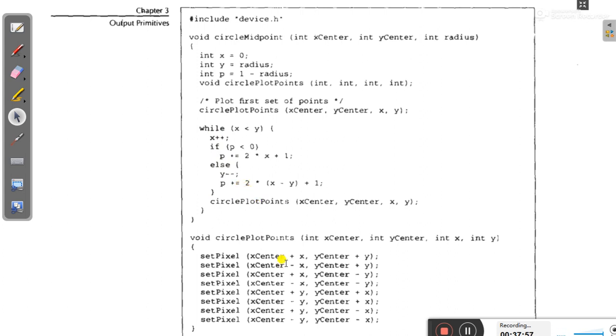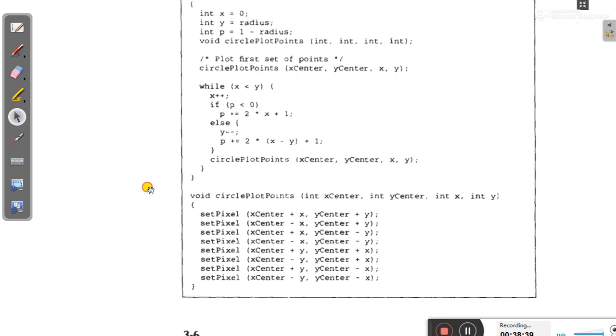Now this will be a recursive program, because in this function it will plot in that way, set pixel at that point. Okay, so there are 1 2 3 4 5 6 7 8. For one point we evaluated using this algorithm, we are going to plot 8 points in the monitor.